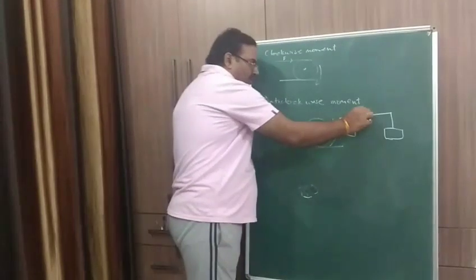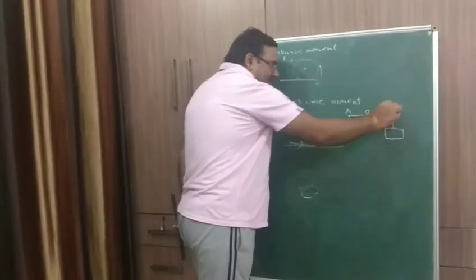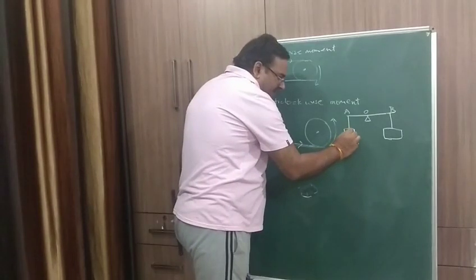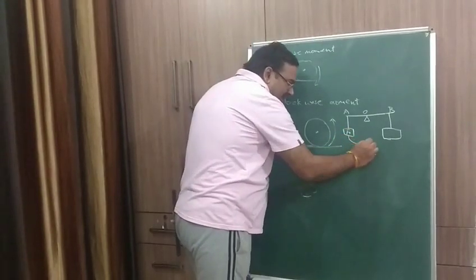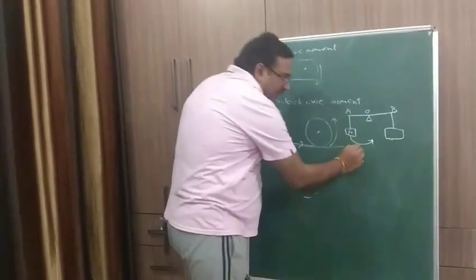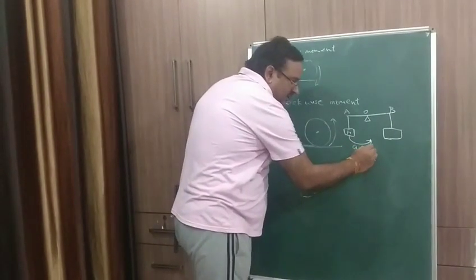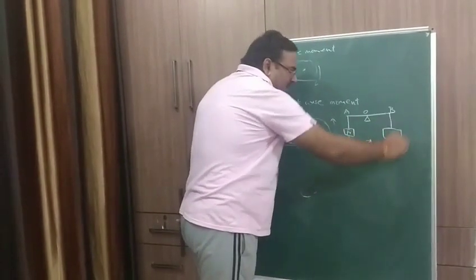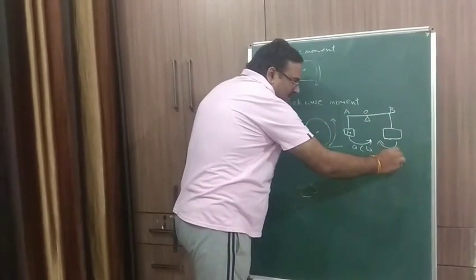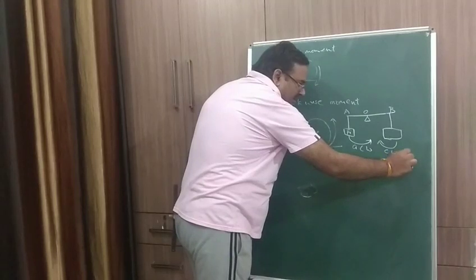This is O, the center, A and B. Now this force F1 is making it move in this direction, that is in the anti-clockwise direction, and this is making it move in a clockwise direction. Clear?